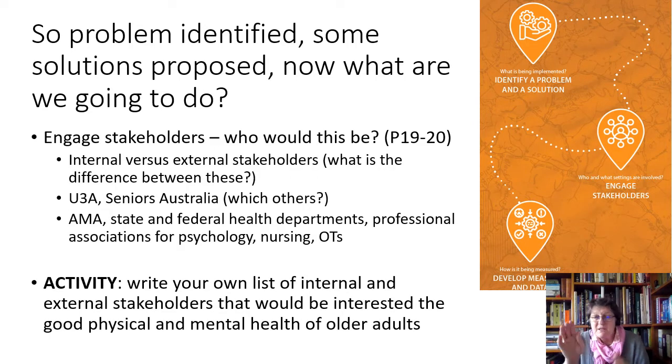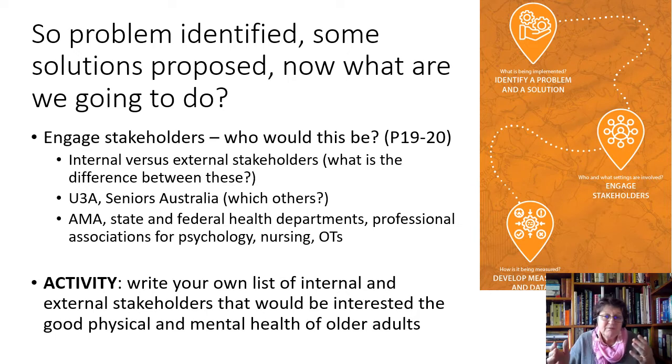Okay, next, so we've got number one, now we're down to engaging stakeholders. So we need to think about who's going to do this, who are our internal and external stakeholders, because it's not just us as academics who are going to do it, it's real people out there in the big wide world.